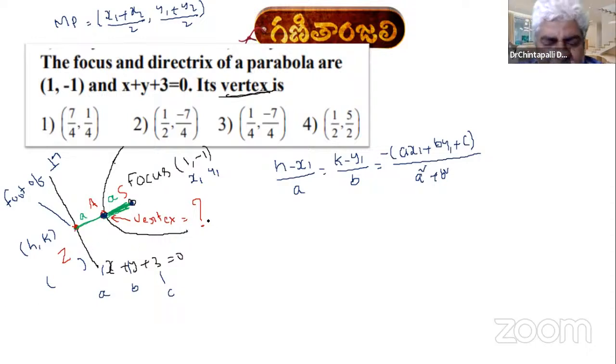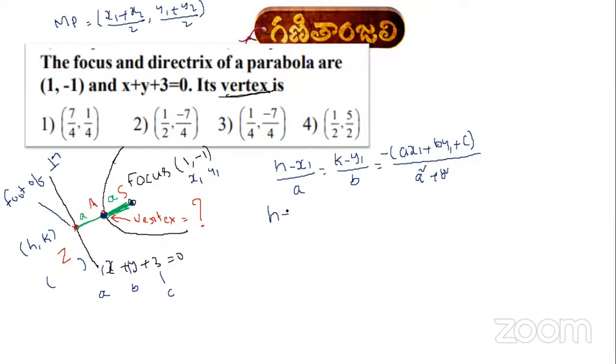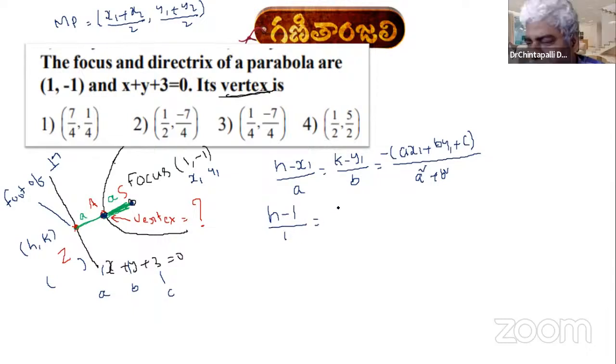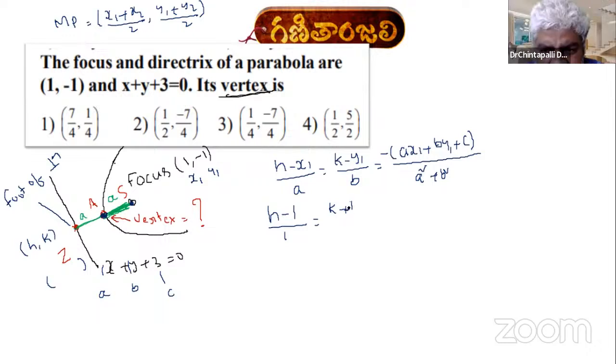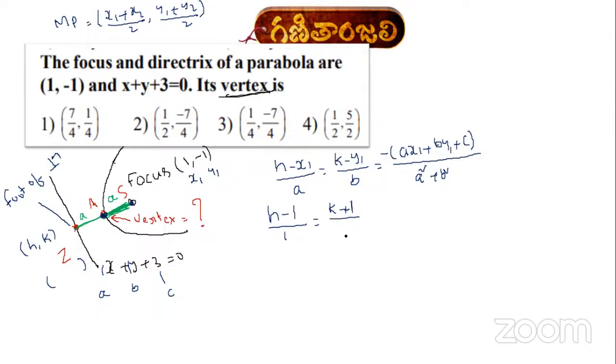h minus x1, h is h only. h minus x1 means 1 by a means 1 by 1. Equal to k minus y1, y1 means minus 1, so k plus 1 by 1. Equal to minus of (minus 1 plus 1 plus 1) whole by 1.